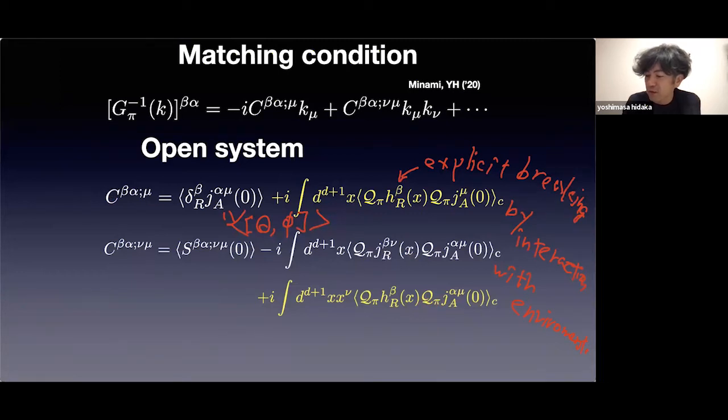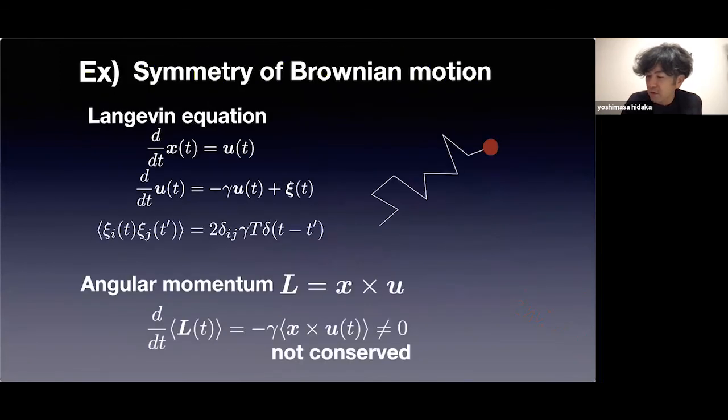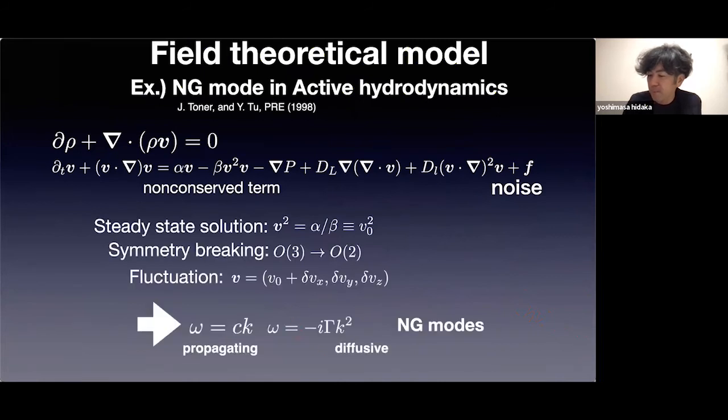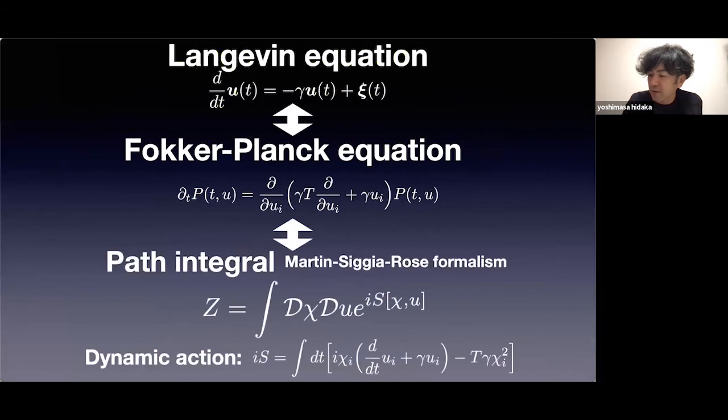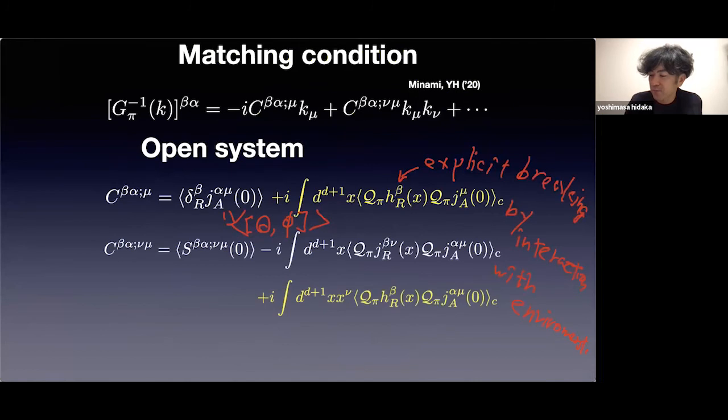Since there is some single momentum part, and here is some i, that gives you some imaginary part. So interaction with the environment causes some diffusion mode. That is a mechanism of this mode. So we found some more general relation by using the matching formula like this.